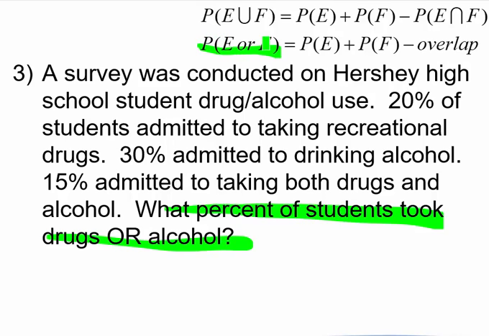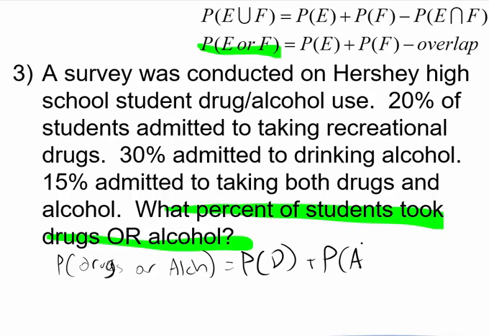So again, we're kind of looking for that or problem here. And since we're looking for this sort of or lineup, we're going to have to do a similar setup. So we're going to take the probability or the percentage of people that do drugs or alcohol, which should equal, and I'm just going to abbreviate here, the probability of drugs plus the probability of alcohol minus, again, what we'll call the overlap here.